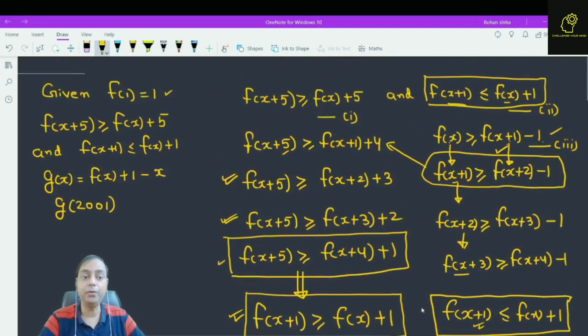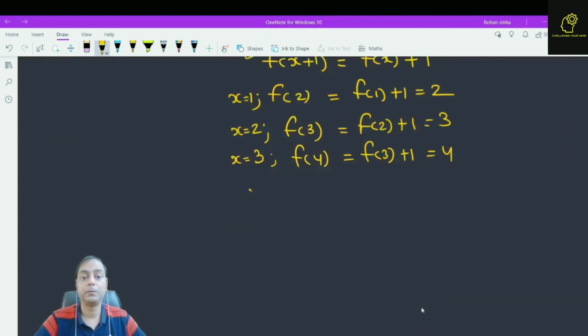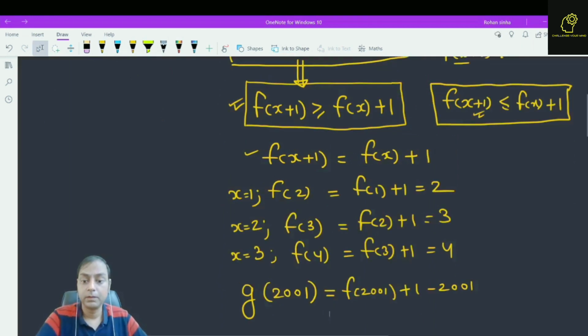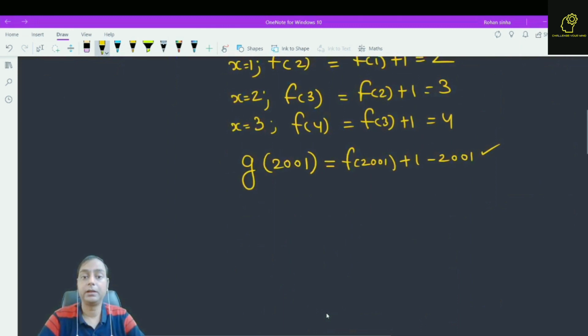So what we need to find is the value of g(2001). g(2001) is equal to f(2001) + 1 - 2001, since g(x) is equal to f(x) + 1 - x, as given.